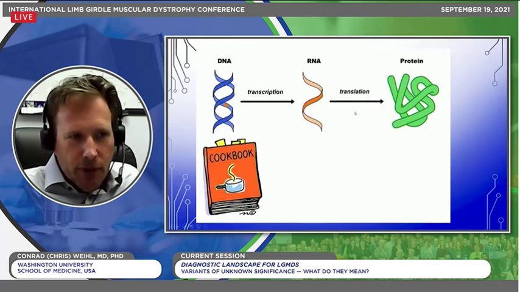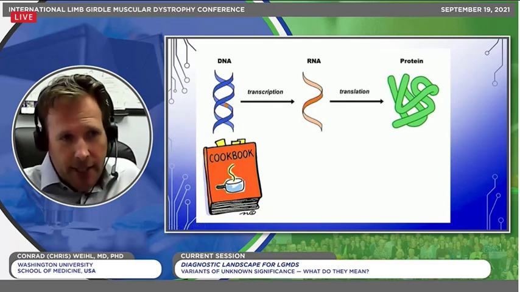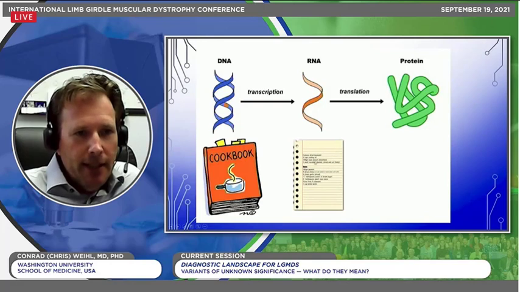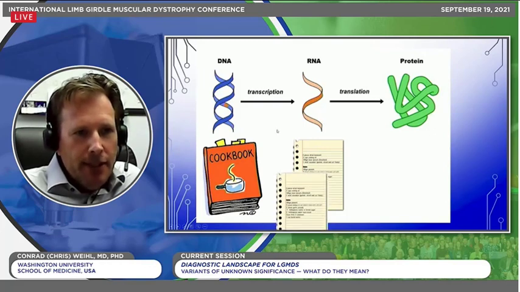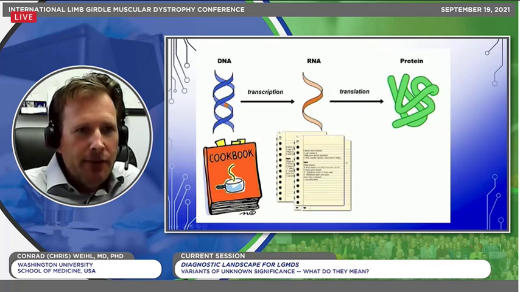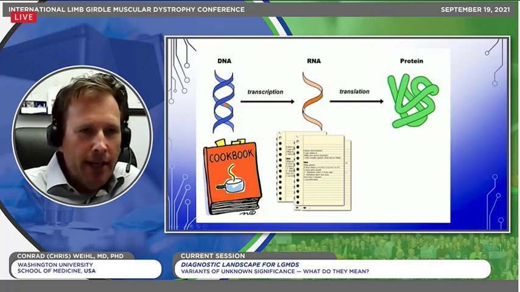Just so that we're all on the same level, we can think of DNA as the cookbook, and each one of these tabs represents a gene or a recipe. Just as your grandmother may have this cookbook, and she sends out recipes, she doesn't just give one recipe out, she gives many recipes out to many different people in the family, and that's how RNA is.